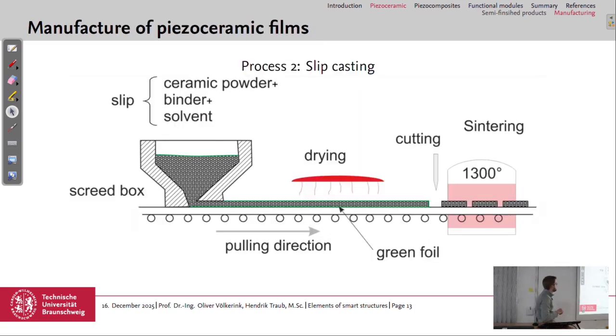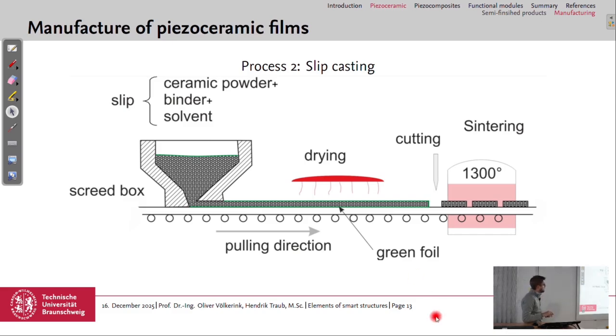This looks like this. You have the slip with the ceramic powder, binders, and solvents. You have it in this kind of box, and pull it then in this direction on a belt. Here it is dried. After drying you have the green foil, comparable to the green body before.